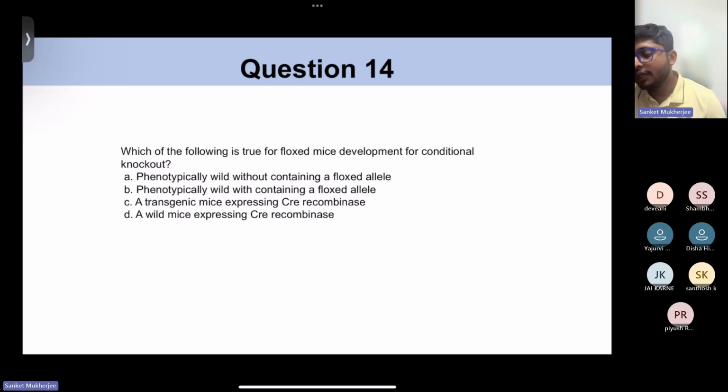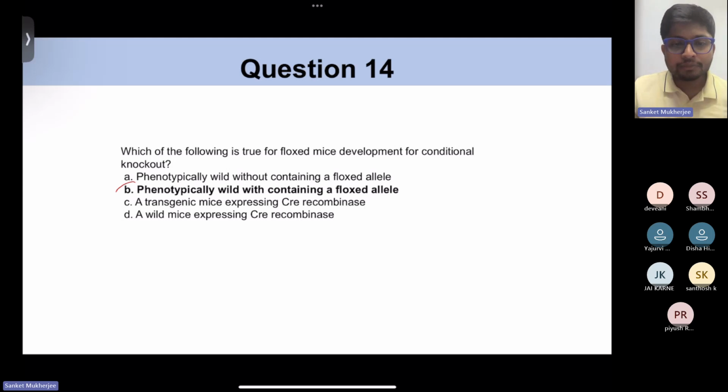Phenotypically wild with containing a floxed allele would be the answer, option B. I'll tell you why. What is a conditional knockout? A conditional knockout is when you do not want to knock out a gene right away. So you do not want that gene to be deleted.